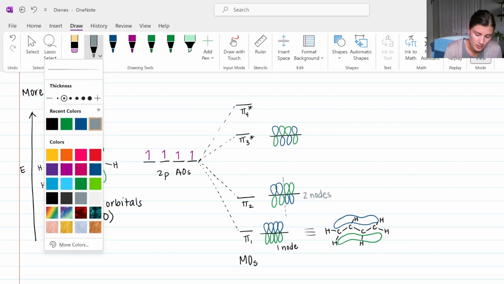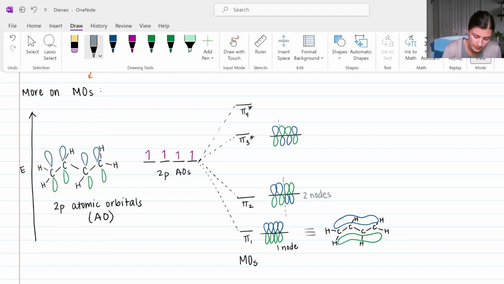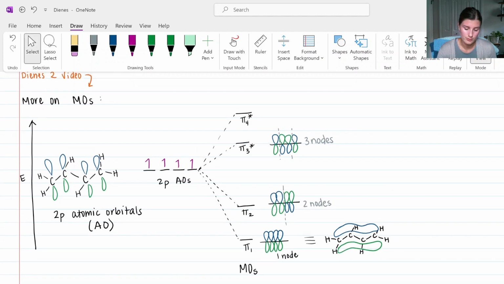So we have the same node through the center horizontal, and then we have an additional node here and an additional node here. So in this pi 3, we have 3 nodes. So that's even higher energy than pi 2.